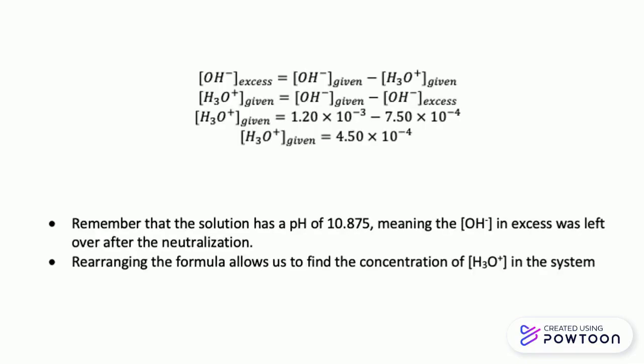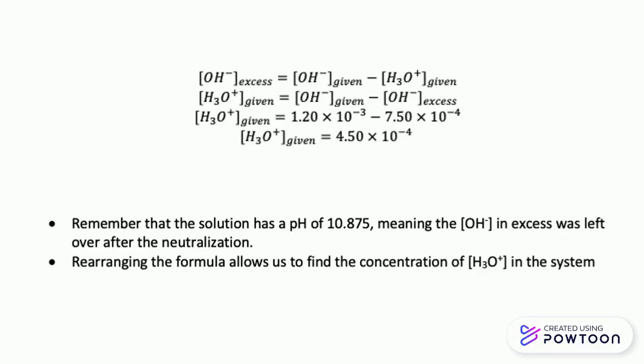To solve for concentration of hydronium, we just use our equation. Concentration of hydroxide excess is equal to concentration of hydroxide given minus concentration of hydronium given. This can be rearranged to concentration of hydronium given is equal to concentration of hydroxide given minus concentration of hydroxide excess.